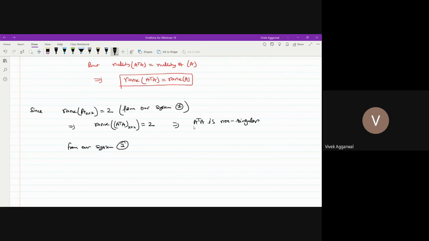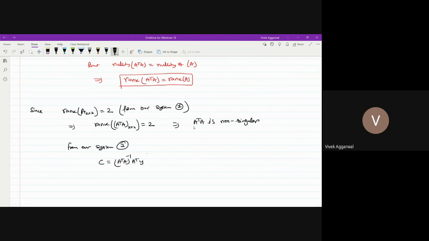So from here I can write that the value of C can be written as A transpose A inverse A transpose Y. And from here I'm able to solve this system.